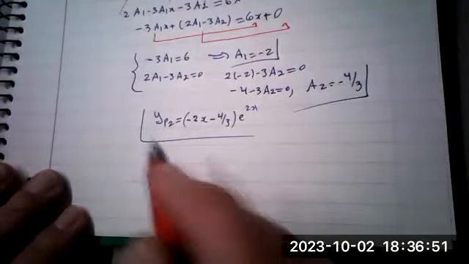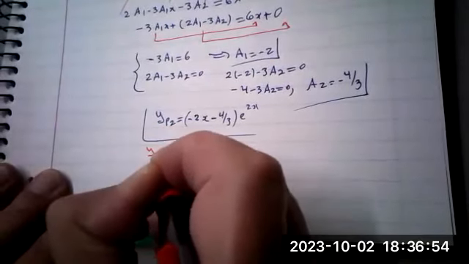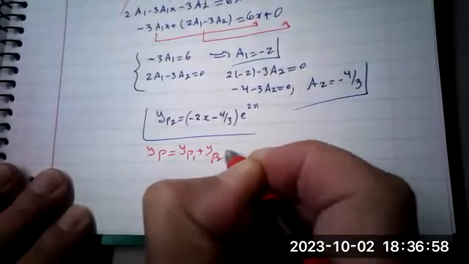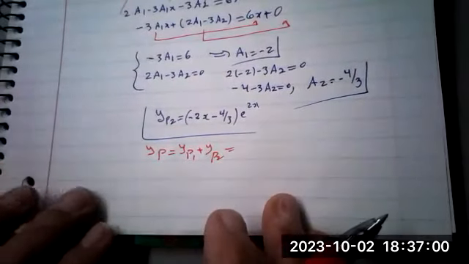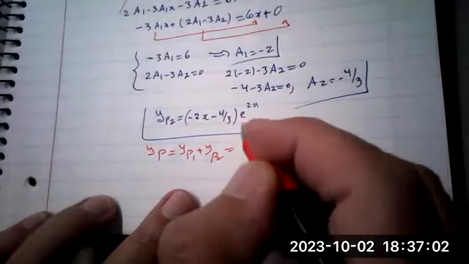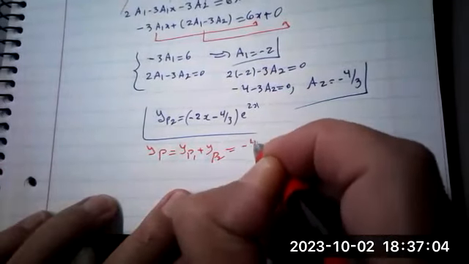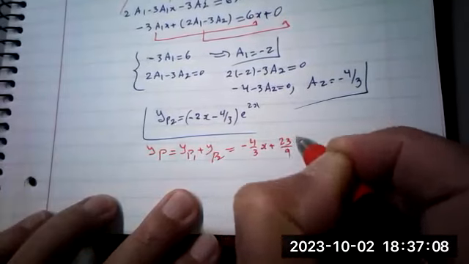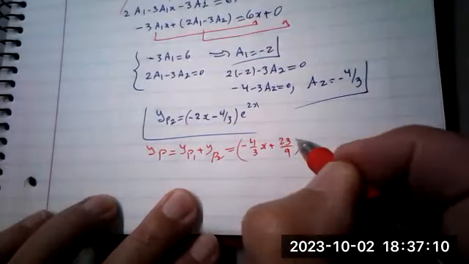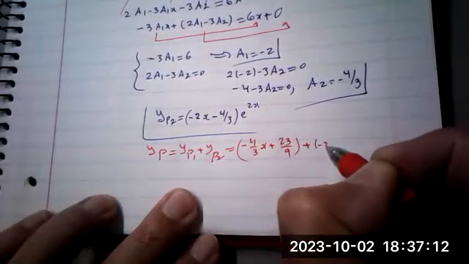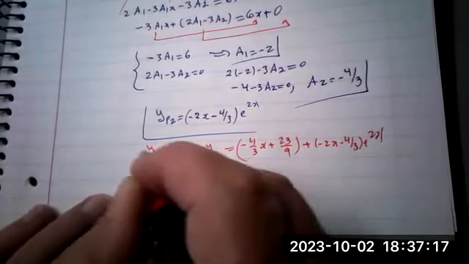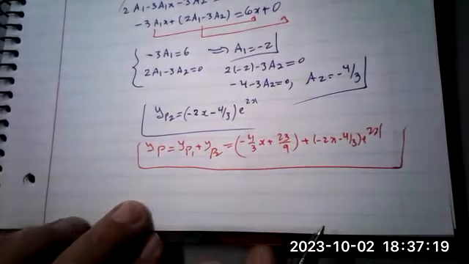So finally, your particular solution, yp, is going to be yp1 plus yp2. Remember, for the yp1, you get negative 4/3 x plus 23/9. And for this new one, we get negative 2x minus 4/3 e to the 2x. That is the particular solution.